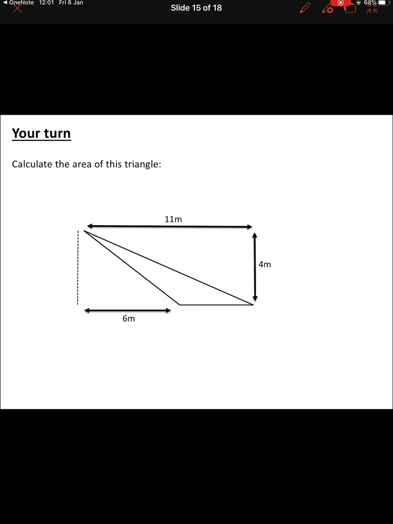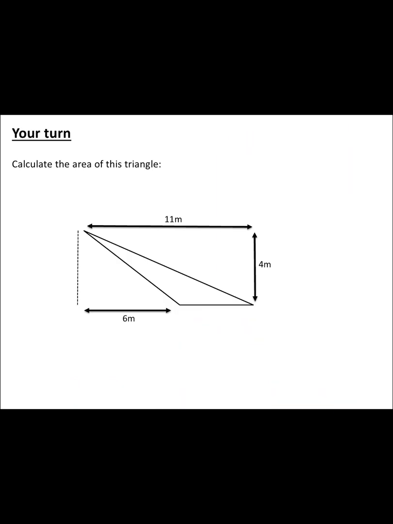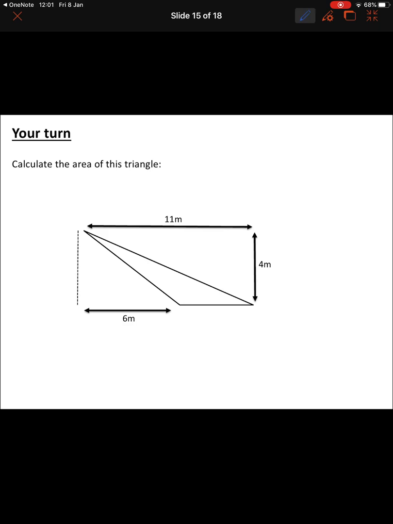Okay, so I've got a question for you to try now. So let's have a look at this. Okay, welcome back. Well done for having a go. So let's work this out. Firstly, what you should realize is that this distance is your base. So your base should be 11 take away 6, which will give you 5 meters.